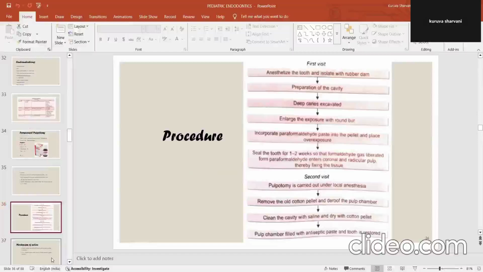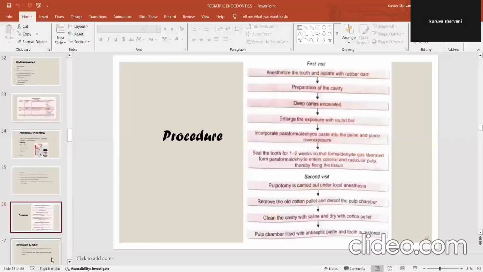See, technically, according to your textbook, you have to write 4 minutes, but clinically, you can do 1 minute formocresol pulpotomy also. Next, fill the pulp chamber with the antiseptic paste and then the tooth is restored.